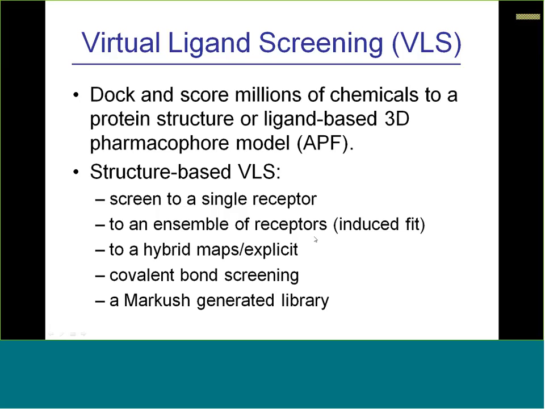So there's a way to do that. We also have a way to perform covalent bond screening, which is slightly different from the regular screening. And we also have ways to screen focused libraries using Markush-generated libraries.